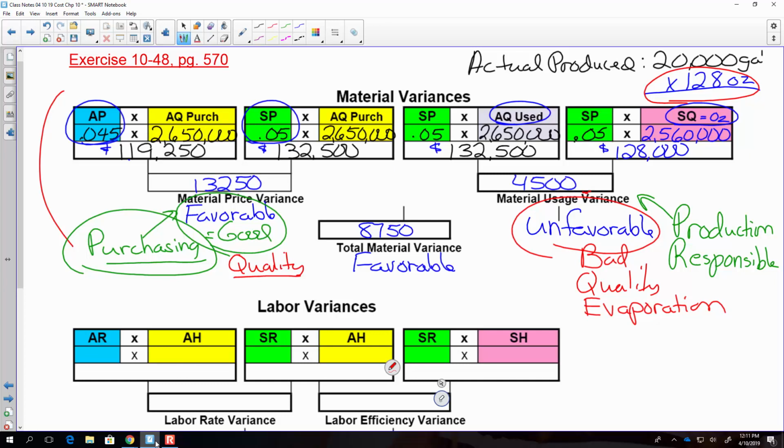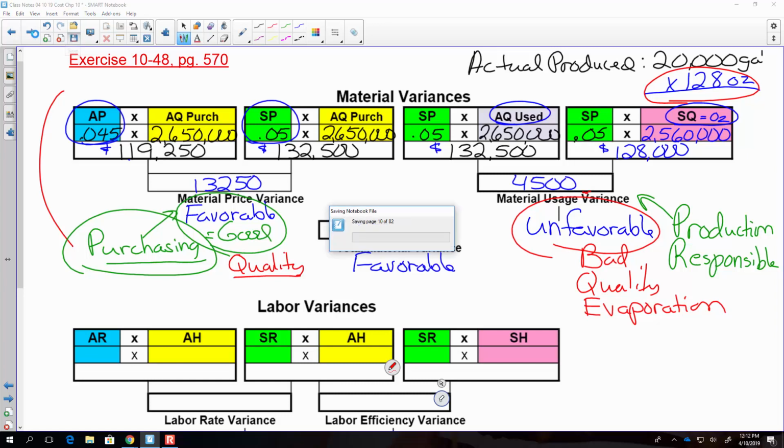All right. Now, question 3. So we figured out question 1, price variance, and we figured out question 2's usage variance.